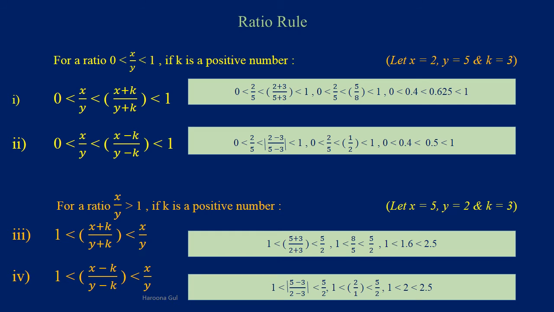And the same goes for (x − k)/(y − k), and this has been explained with the help of an example. If you put numeric values in place of x, y and k, you'll be able to understand this rule, right?